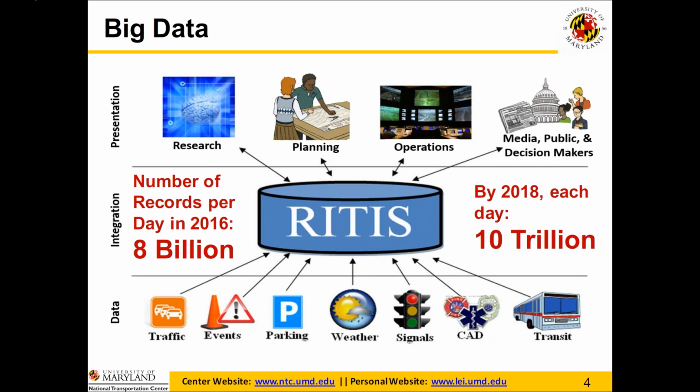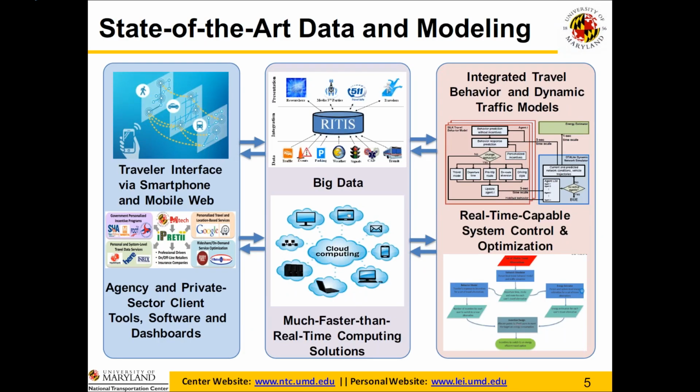And in about a year and a half, we estimate we will archive 10 trillion data records every single day because of the increase in connected vehicles and other vehicles and services in our system just in this time period. So we have a lot of interesting individual-level data as well as system-level data to support this kind of models, which can then be used for demand management and different kinds of mobility services.